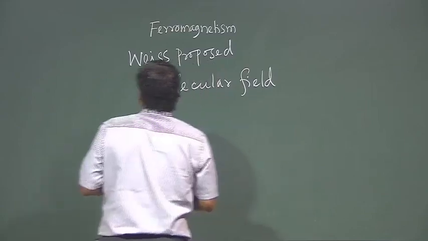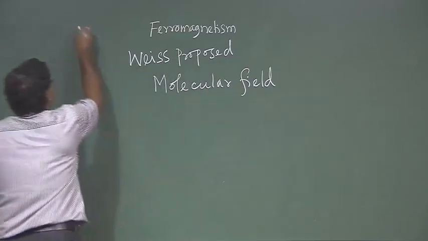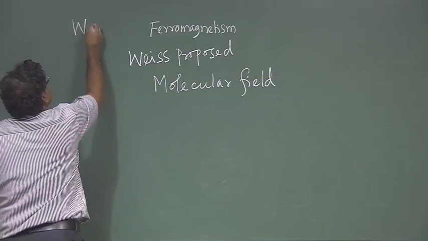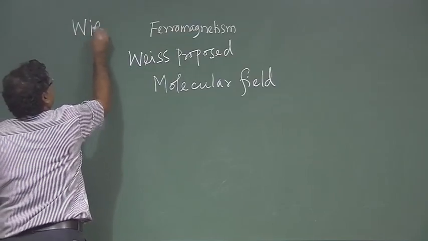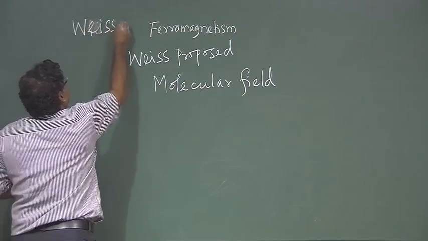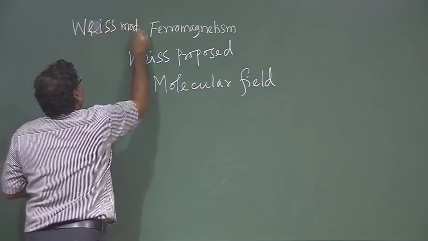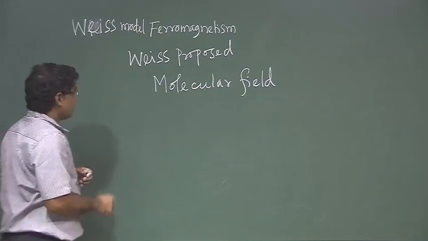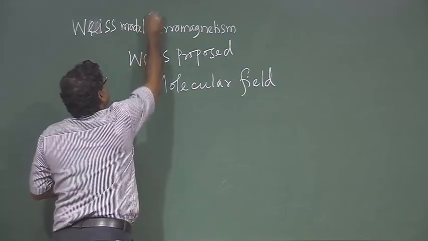So, that is basically called the Weiss model of ferromagnetism.